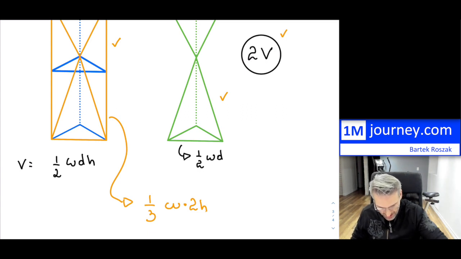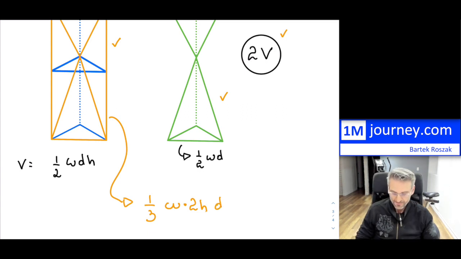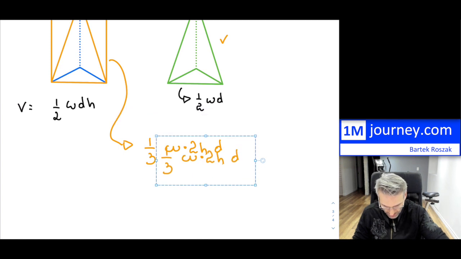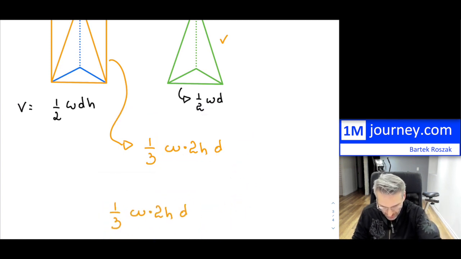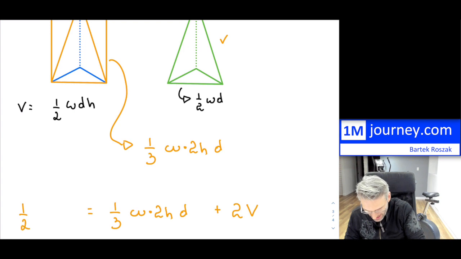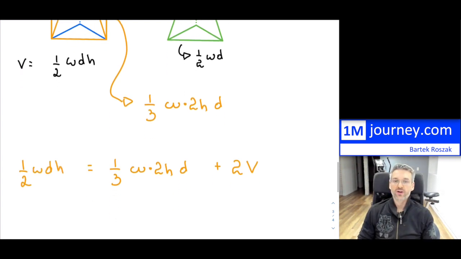That's the depth itself. So this is D, and that's the volume. So now I do know that this right here, duplicated, plus 2 of my pyramids is going to be equal to 1/2 WDH, right? That's what I have right there.